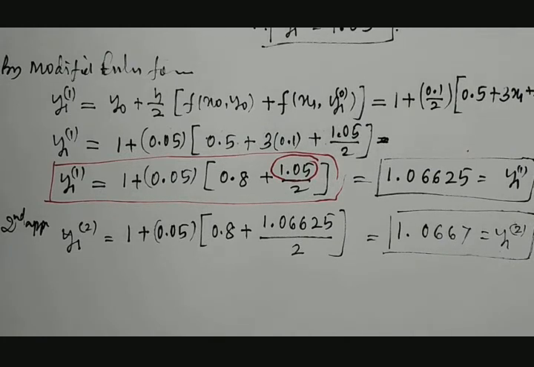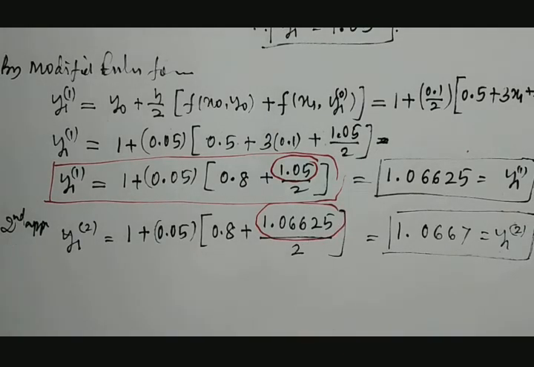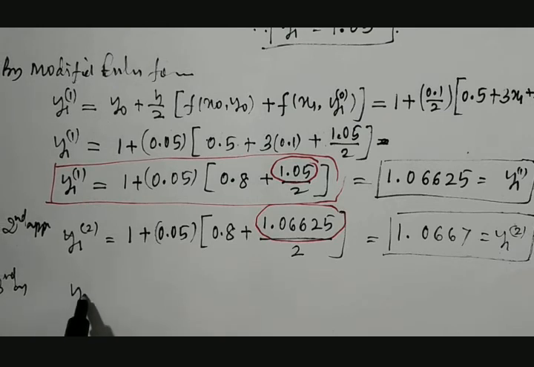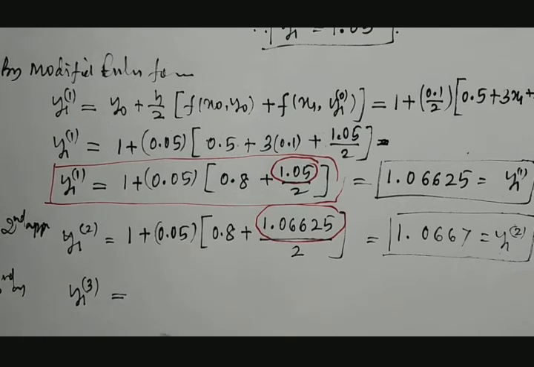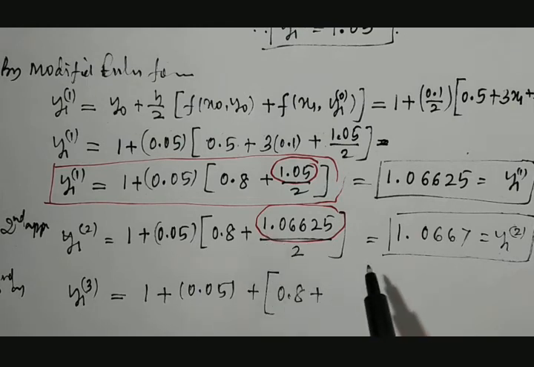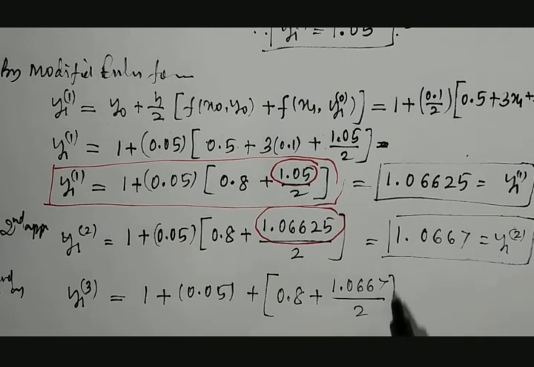Again, this will be taken as a reference step. Only this result will be replaced by the next result to obtain the third approximation to y1. So 1 plus 0.05 into (0.8 plus 1.06625 replaced by 1.0667 divided by 2).